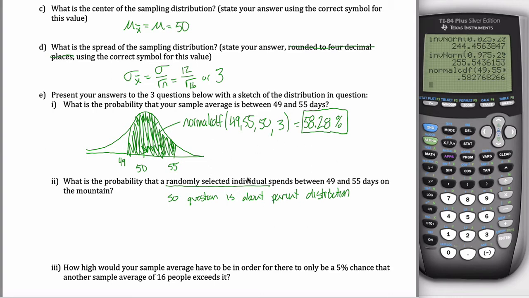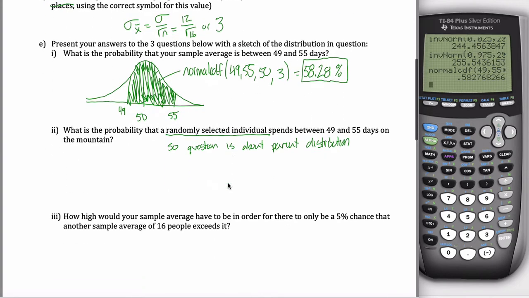If I changed this and this, you might miss that I changed this. The idea is since we're talking about one single individual, we're talking about the parent distribution here. So while the picture might look the same, maybe I'll change the instructions so you don't have to redraw the picture this many times. This area is going to end up being different because my spread is different.